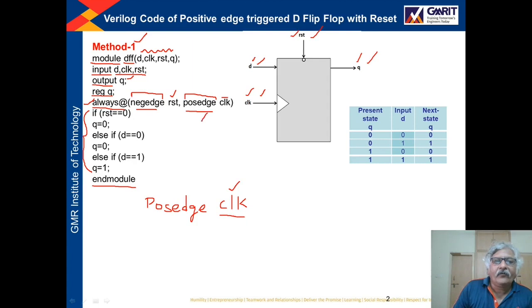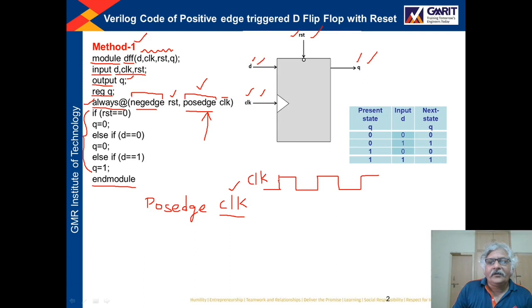So the purpose of writing this keyword posedge is to detect the positive edge of the clock. Since I am modeling the positive edge triggered flip-flop, that's why I am using here posedge. So again, what is the meaning of this? Suppose this is the clock which is applied. This type of clock signal is applied in the CLK input.